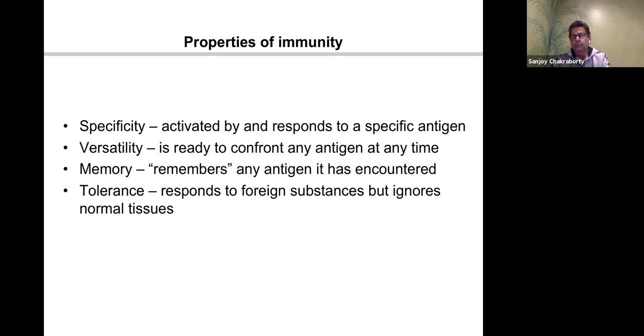That's what happens in autoimmune disease. So some people have autoimmune disease, for example, of the thyroid gland. So they're going to attack the thyroid gland for no reason. Okay. Lupus is an example of an autoimmune disease. There are many of them nowadays, we know. Okay, so those are the properties of these antibodies and immunity.